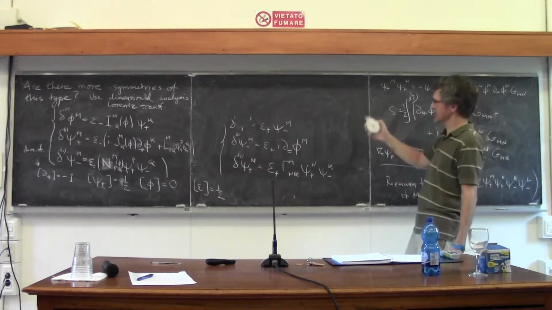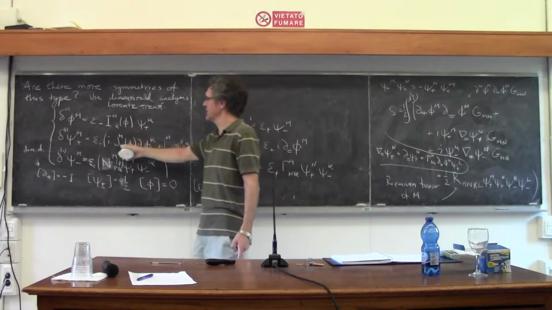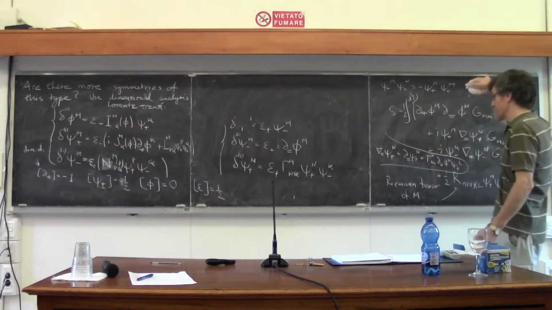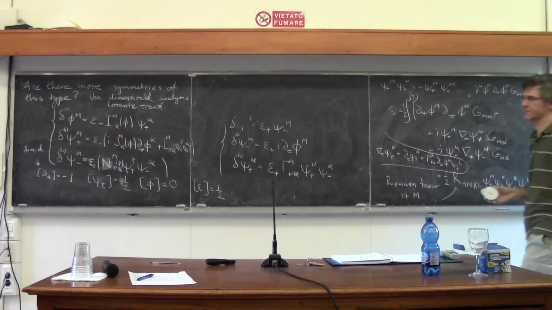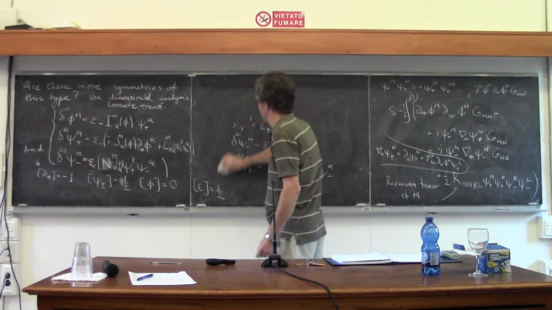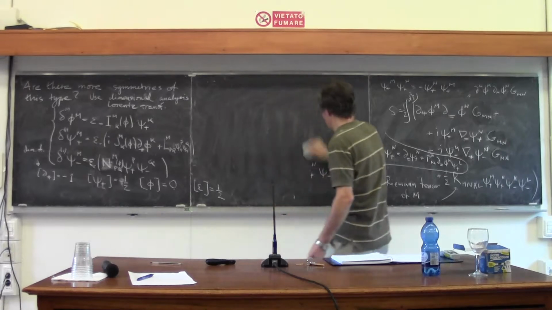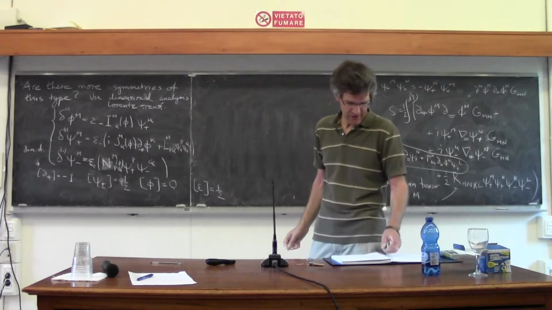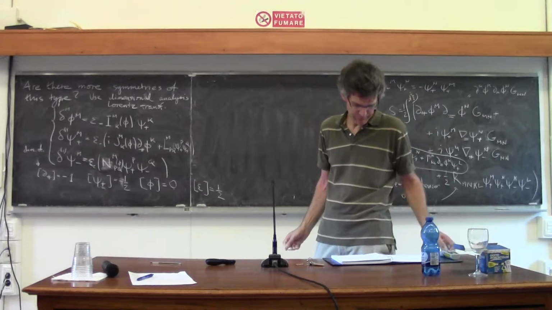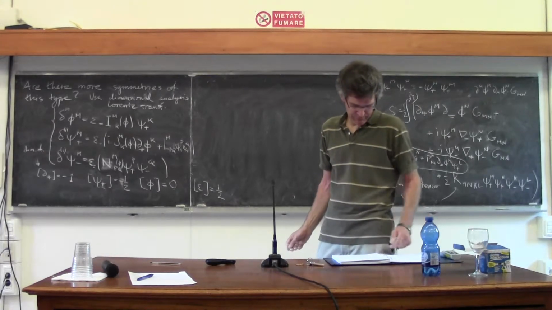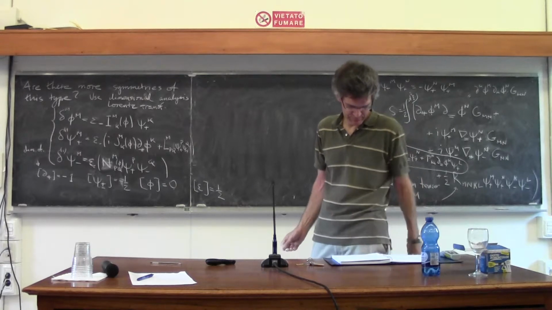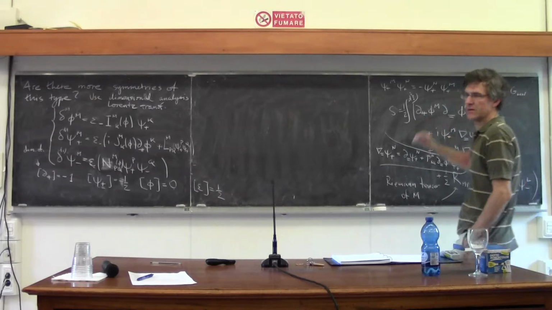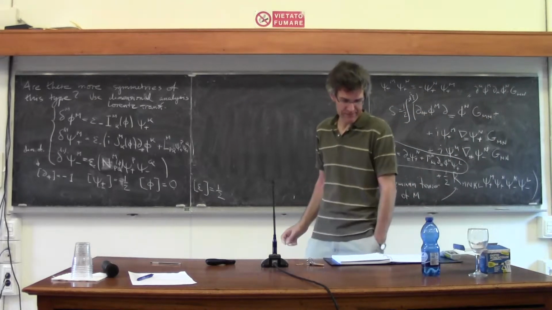And then you can ask, what kind of relations should these tensors satisfy for this to be a symmetry of this action? Right, so you go ahead, you plug it in, and you get a bunch of relations.